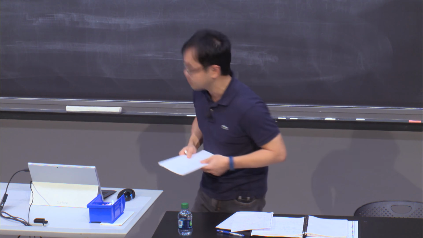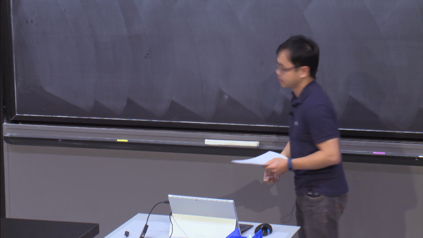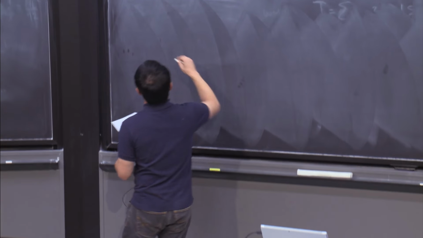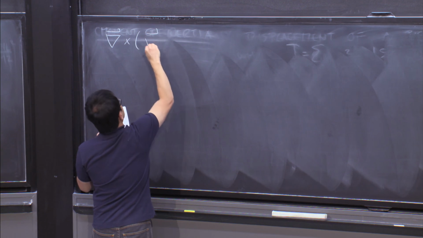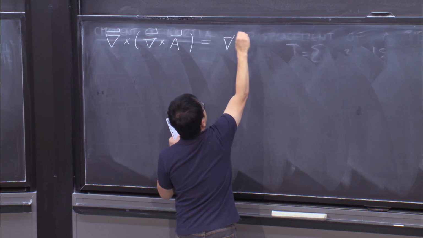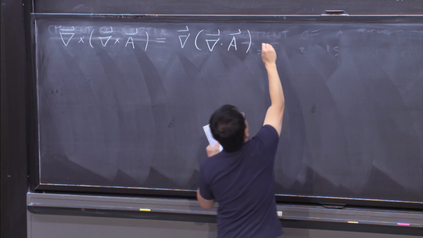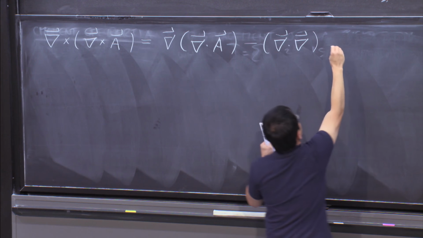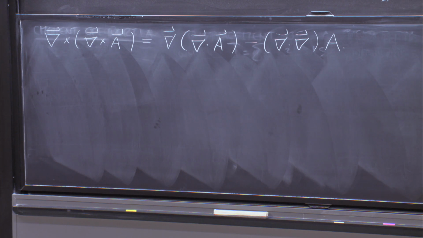For that, I will need, as usual, the help from the math department. Right? So we are going to use this identity. This identity is: curl of curl of A is equal to del of divergence of A, minus del dot del A. Okay, so this is an identity which we learned from the math department.